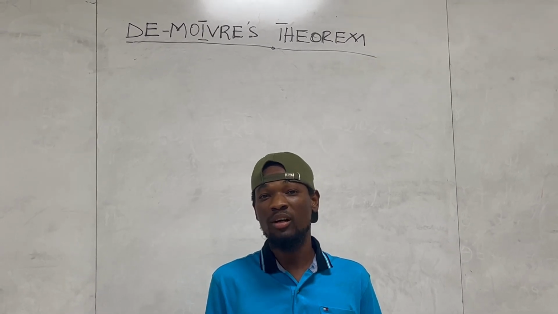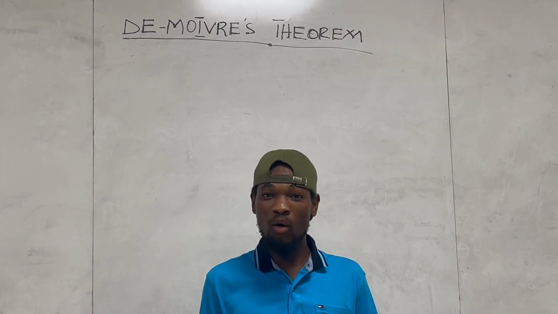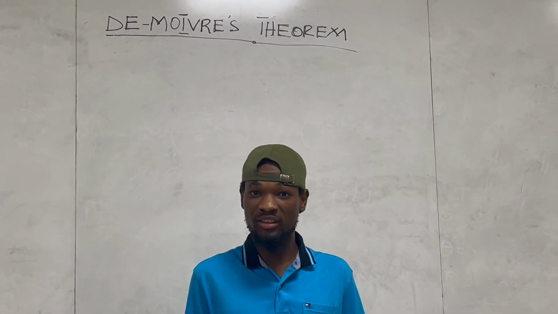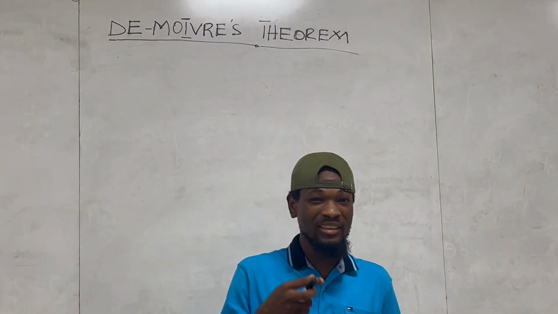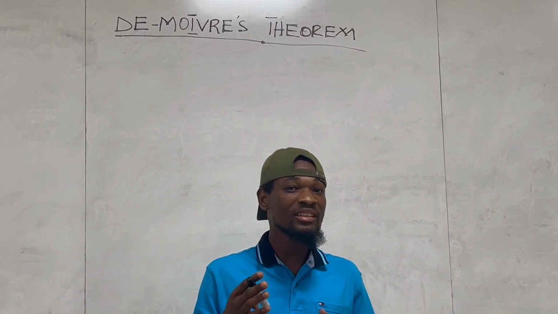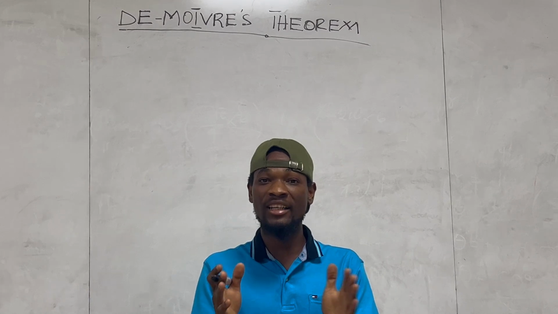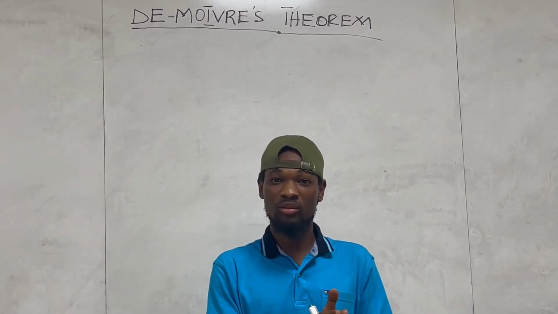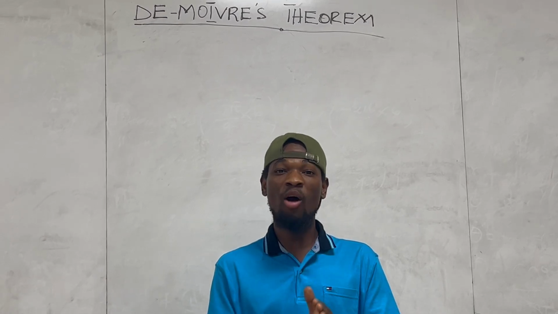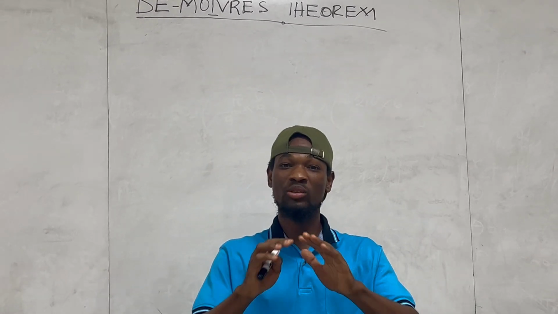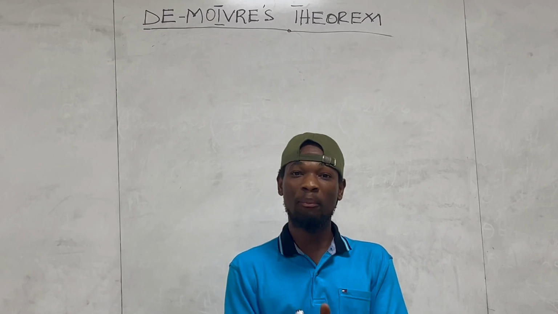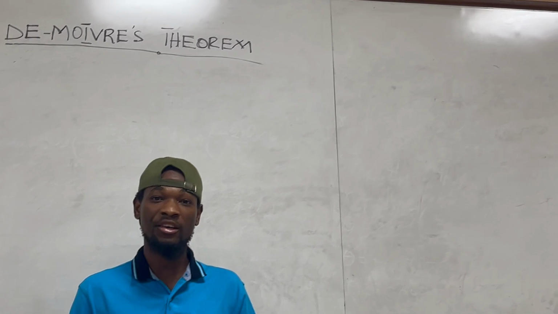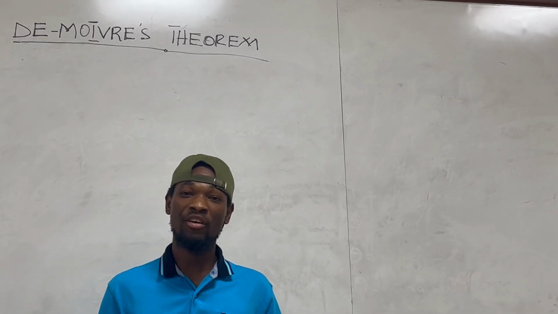And this complex number will be raised to a certain power or exponent. And when this power becomes very huge or large, it becomes very cumbersome to deal with. So de Moivre's theorem is just there to simplify these complex numbers for us. This is the whole concept behind de Moivre's theorem.